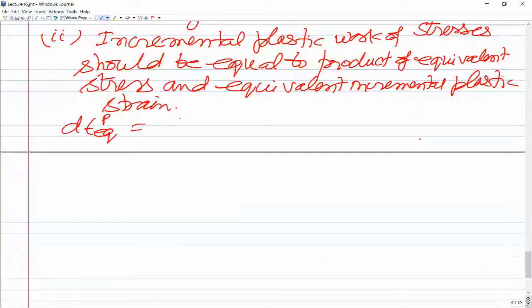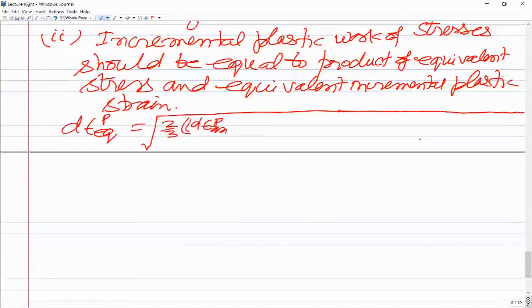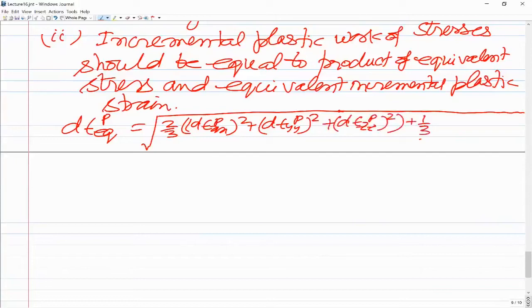It is defined as the square root of, with the entire quantity inside the square root sign, 2 by 3 into d of epsilon xx p square plus d of epsilon yy p square plus d of epsilon zz p square, that is 2/3, and then plus 1 by 3 of d of gamma xy p square, because we have engineering shear strains here.